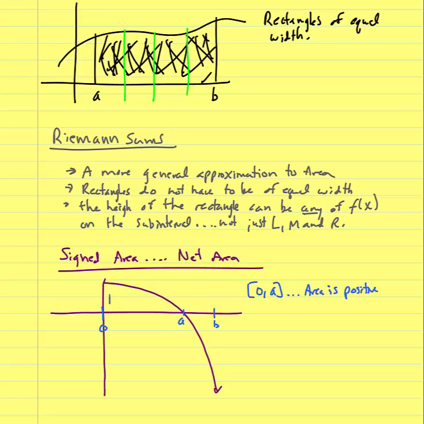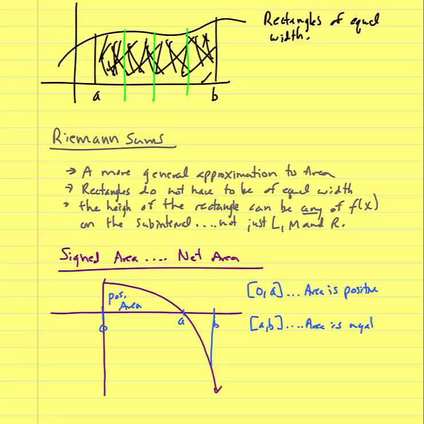So again, this is positive area. If I look at this graph from A to B, this area is negative.